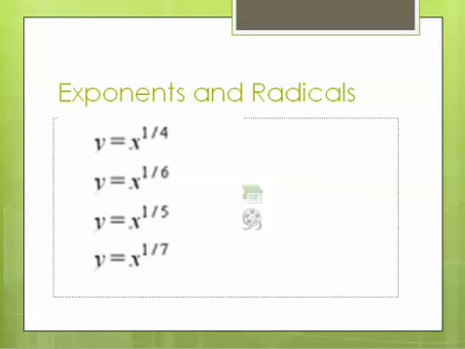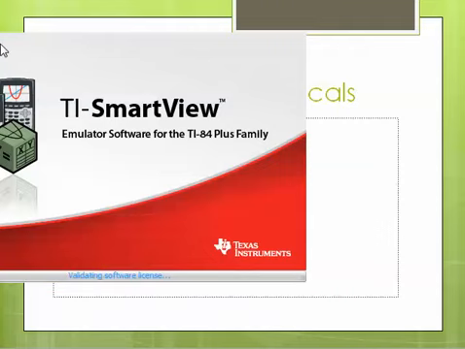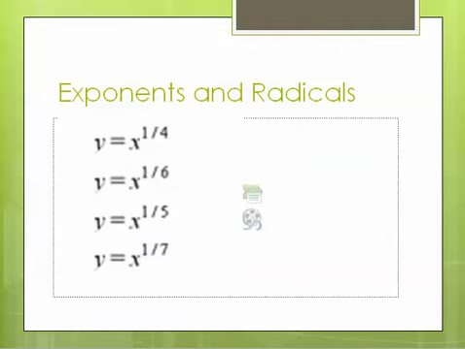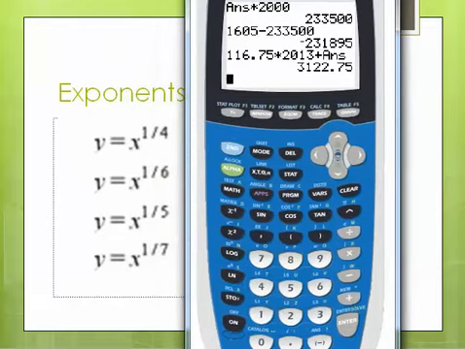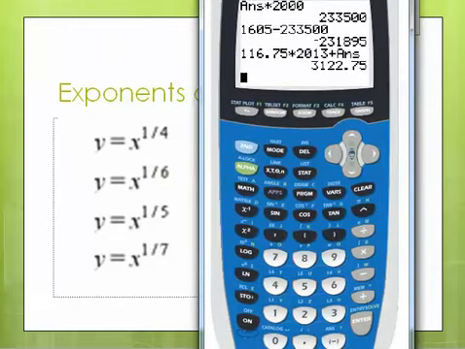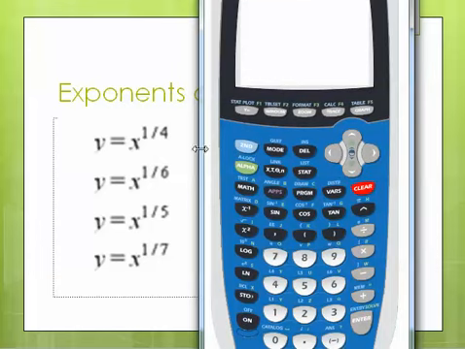And so you found the square root of 4, and the square root of 4 is 2 or negative 2. And have you ever found the cube root? The cube root of 8 is, well, no, it's just 2. But you've found those roots in the past, okay? But I don't know if you've ever done a fourth root or a sixth root or a fifth root or a seventh root.